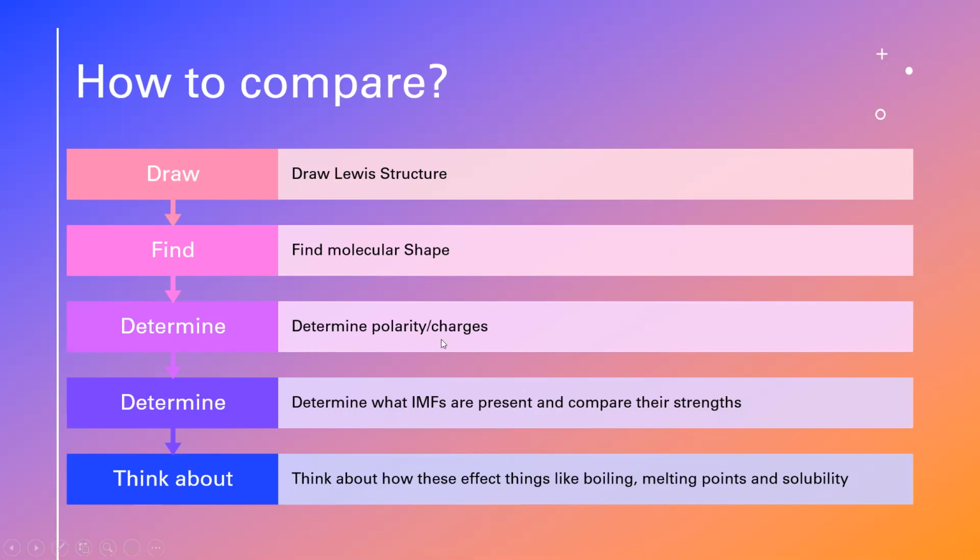Now we have to determine the polarity and the charges. Like I mentioned, the ions and cations create such a strong intermolecular force because they are on their extremes, right? One's really, really positive, one's really, really negative.